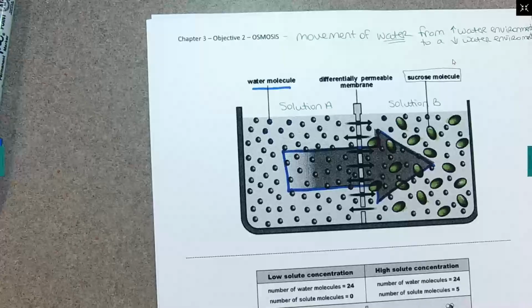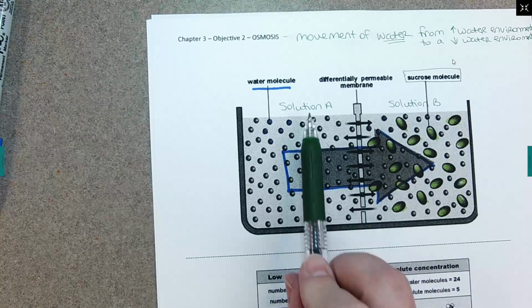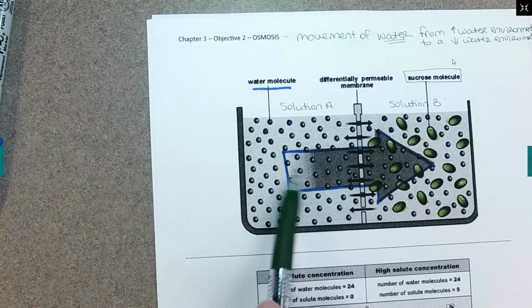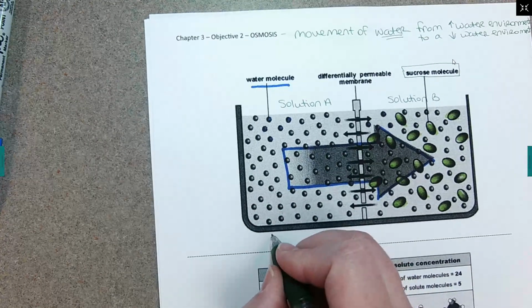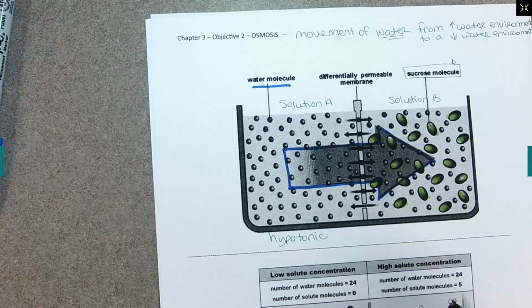So let's look at tonicity for just a second. Comparing just the tonicity, looking at the solute particles, the green stuff, the sucrose molecules. Solution A, how many sugar molecules do you see in solution A? Well, you don't see any. So this would be hypotonic to the other solution.